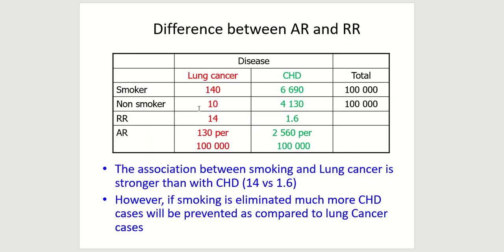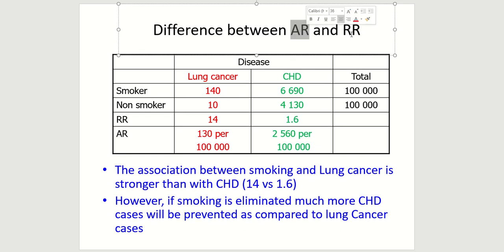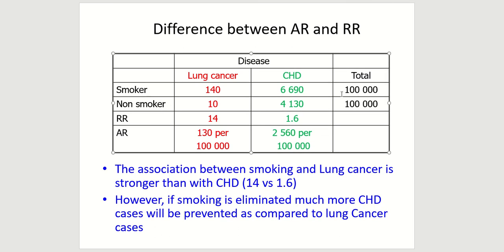Last, we're going to talk about what the difference is between attributable risk and the relative risk. How are they different? And to do that, we're going to use a cohort of 100,000 smokers and 100,000 non-smokers, but this time we have two outcomes. So I have lung cancer as outcome number 1, and I have CHD as outcome number 2.